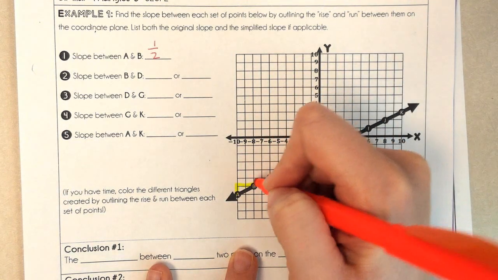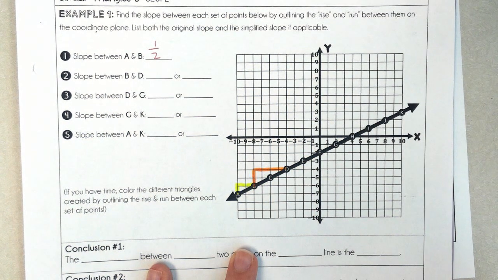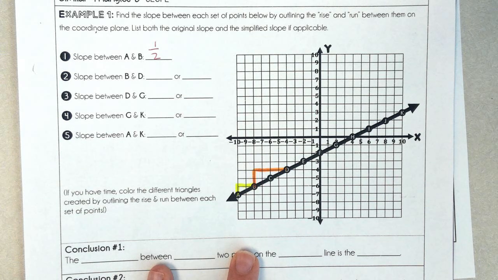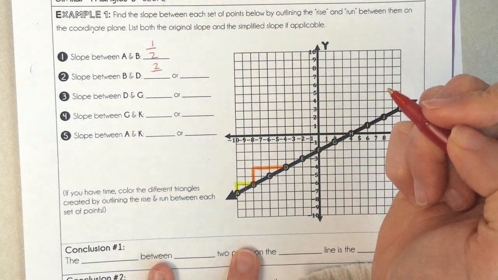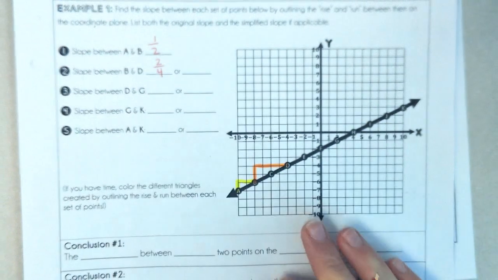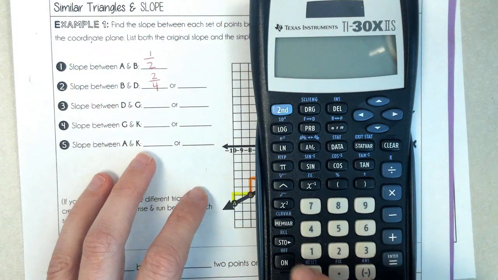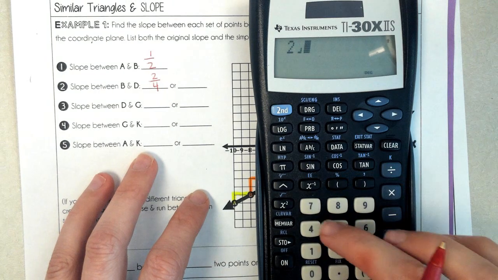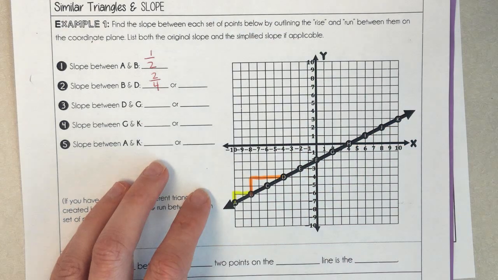So again, show your rise and your run between B and D. What was my rise on this one, Sophie? 2. Justin, my run was 4. And guys, what is 2 over 4 simplified? If you do not know, don't forget, you can type in 2 fraction button 4 and the calculator will simplify it for you. What is it, anyone? 1/2. Very good.